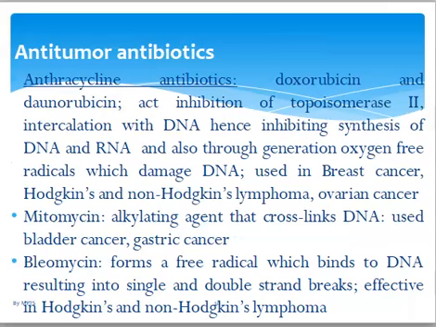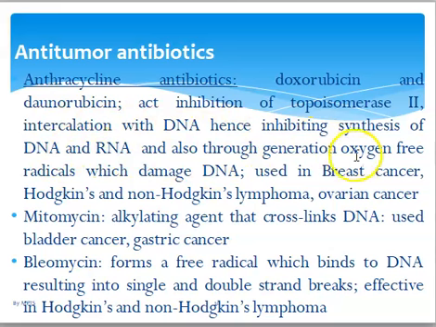Now, anti-tumor antibiotics. We have the anthracycline antibiotics: doxorubicin and daunorubicin. They act by inhibition of topoisomerase 2. They can also intercalate with the DNA, hence inhibiting synthesis of RNA and DNA. Also, through generation of oxygen free radicals, which damage the DNA.